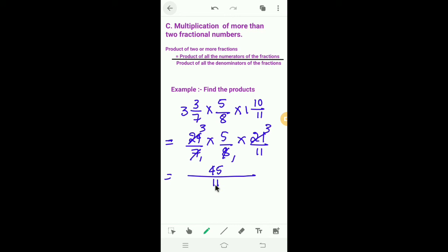45 by 11 is an improper fraction. So we have to convert 45 by 11 into mixed number. So we have to divide 45 by 11. If we divide 45 by 11, 11 fours are 44. 5 minus 4 is 1. 4 minus 4 is 0.